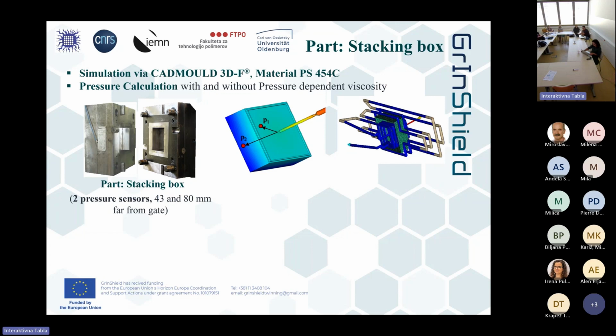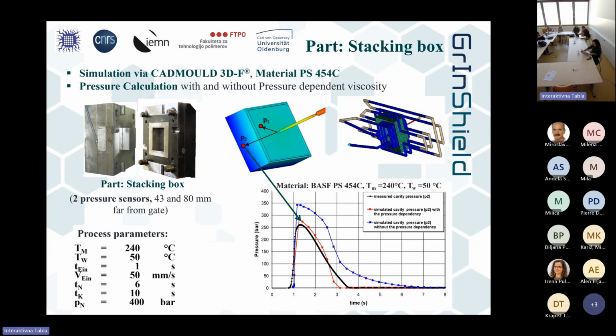We made a multiple simulation with and without this pressure coefficient of viscosity. And for the P2, which is very critical because it's far from the gate, here you fill the material in the middle of the bottom, and here are the long flow legs. Blue is simulating without pressure coefficient. You're in that case 100 bars higher than the measured pressure, and that is the pressure with a simulated cavity using the pressure coefficient.